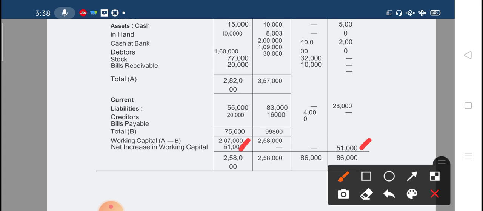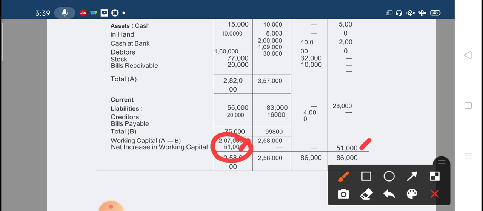After that only the fund flow statement is prepared with this amount and the difference amount found in the adjusted profit and loss account. These two are most important to prepare the fund flow statement.